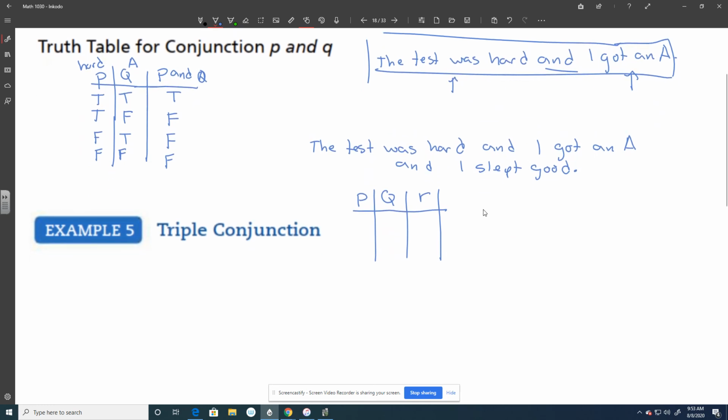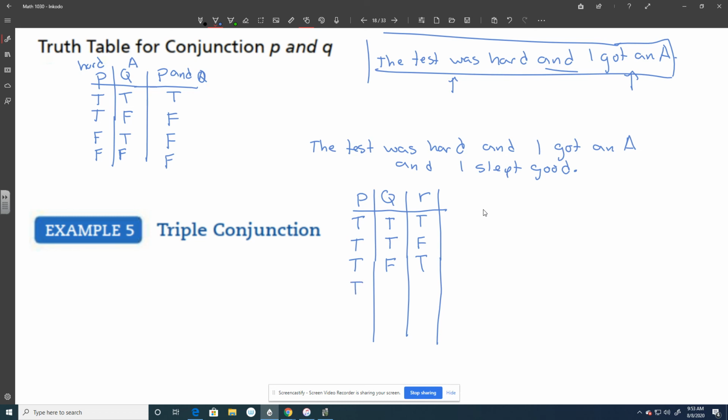Let's see if I can scroll this down. So we have a lot of options. The test could have been hard, and I could have gotten an A, and I could have slept good. Or the test could have been hard, I could have gotten an A, but I maybe didn't sleep good. So that one might be false. Or the test could have been hard, but maybe I didn't get an A, but I still got a good night's sleep.